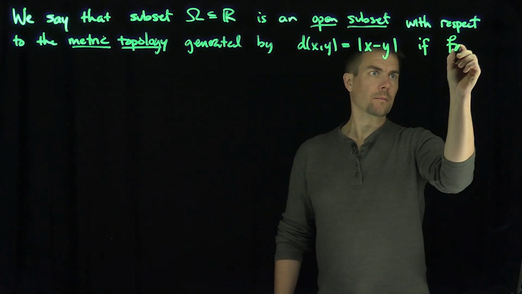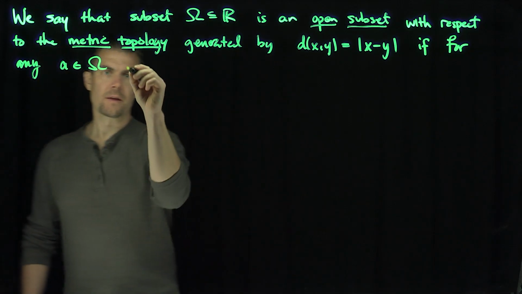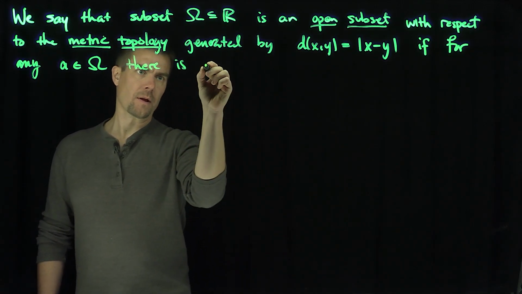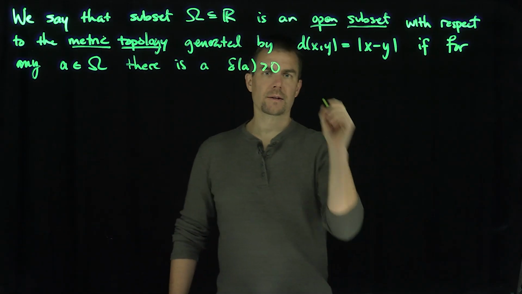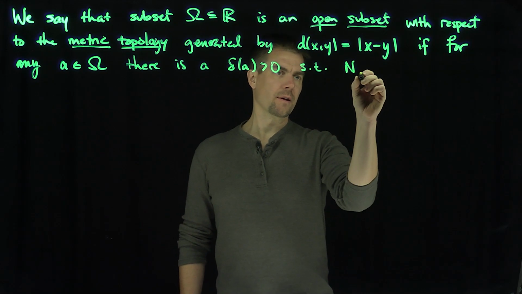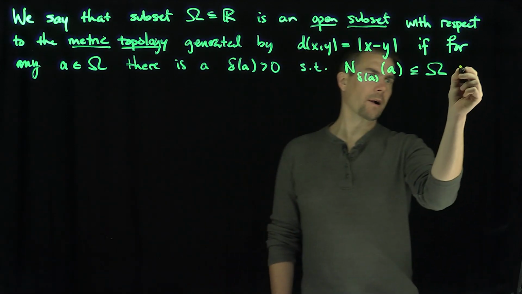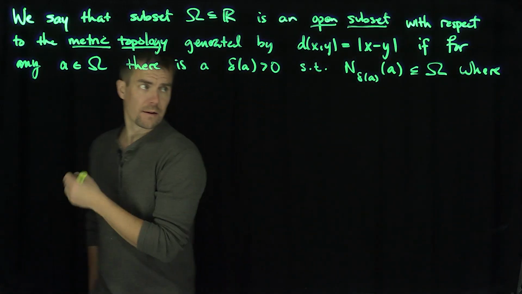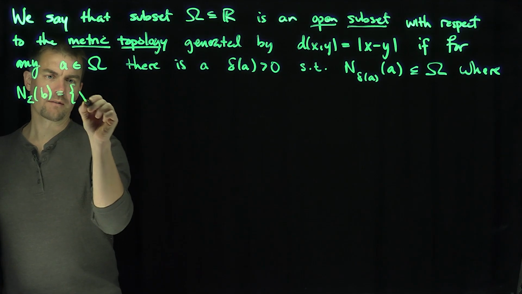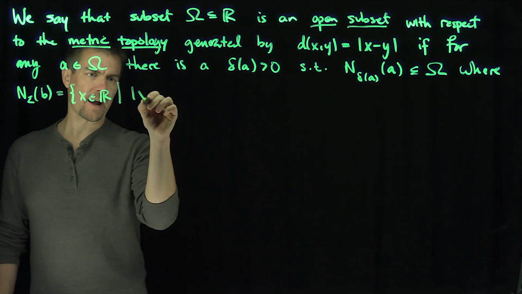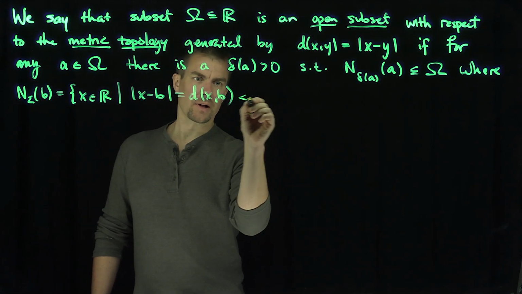If for any a in omega, there is a delta a, a positive real number, such that N delta a of a is contained in omega, where in general N epsilon of b is the set of x in R such that |x minus b|, which is of course d of x and b, is less than epsilon.